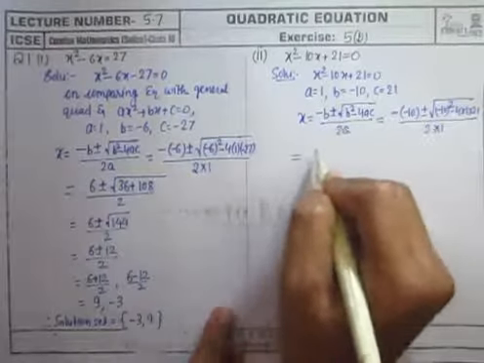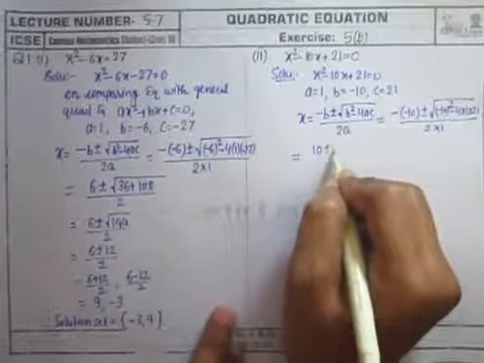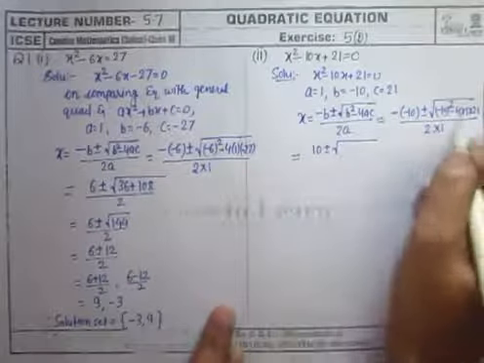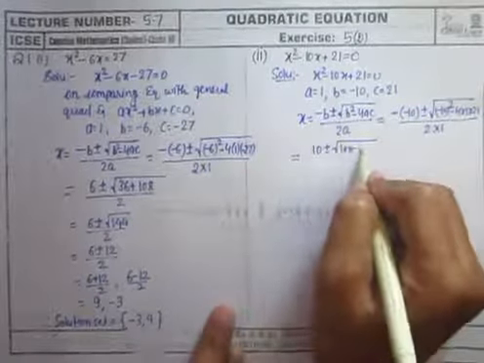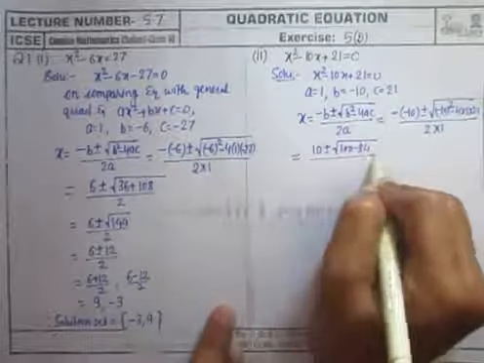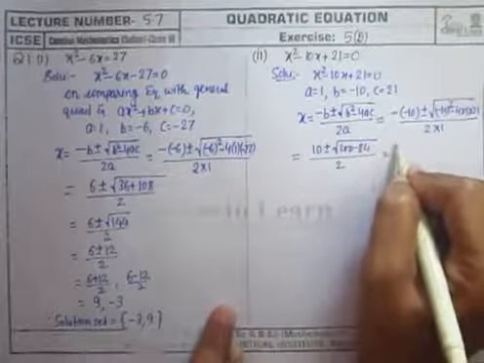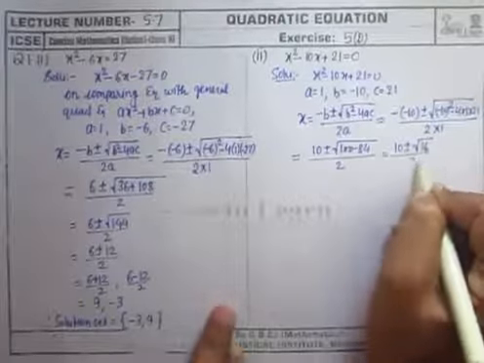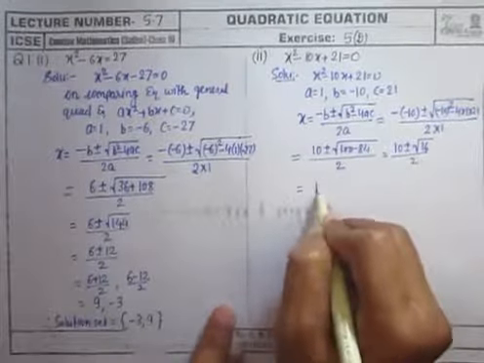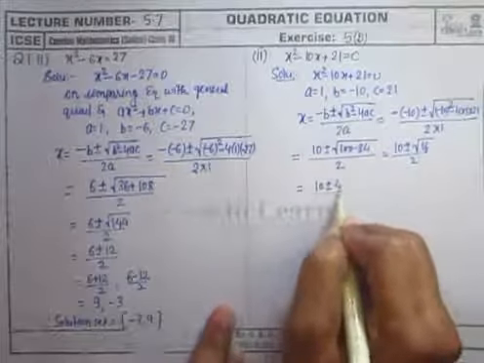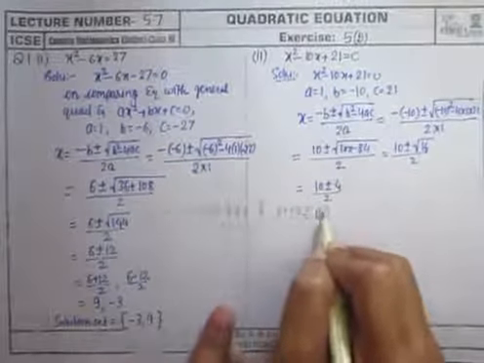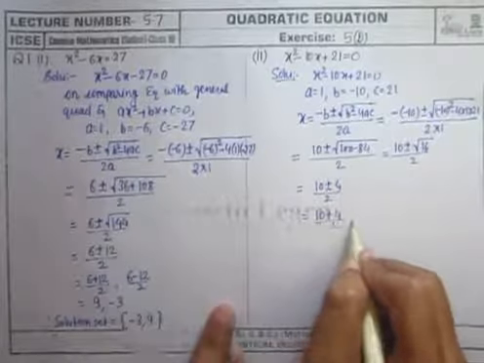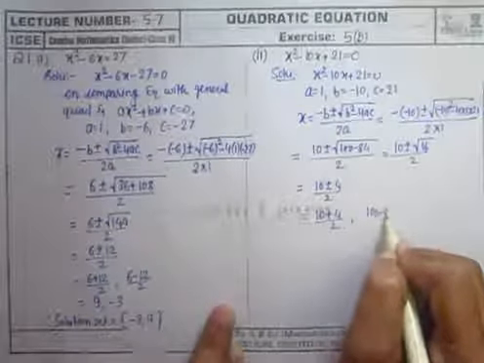So it will be 10 plus minus root under 100 minus 84 by 2, which is 10 plus minus root under 16 by 2. So one answer will be 10 plus minus 4 by 2. From here we can separate 10 plus 4 by 2 and the other answer is 10 minus 4 by 2.